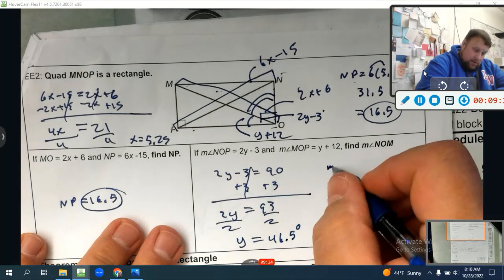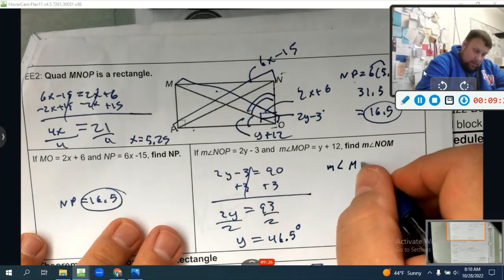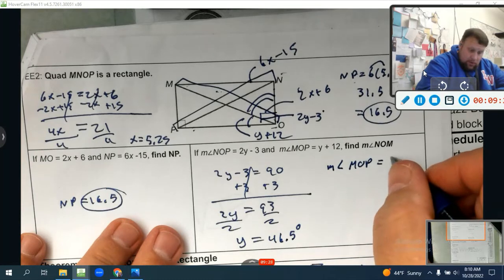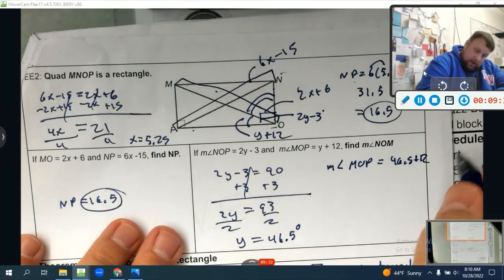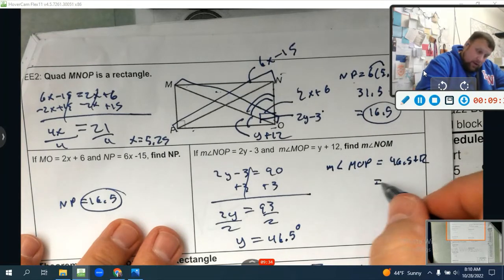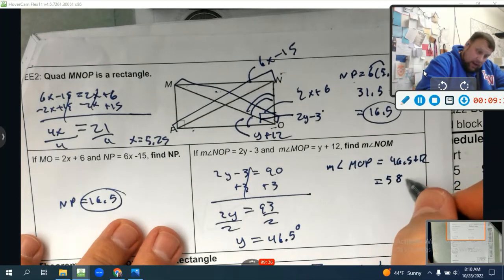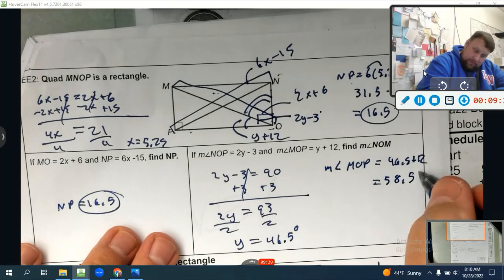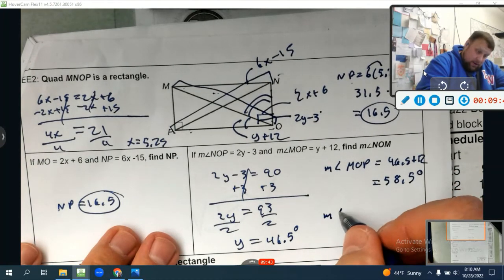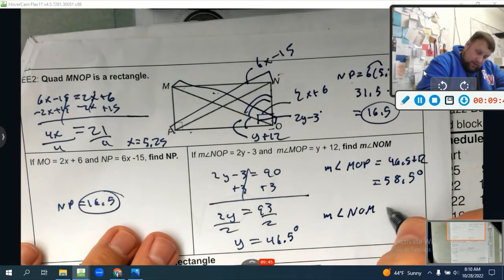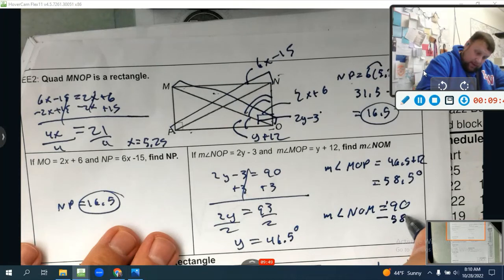So the measure of angle MOP is equal to 46.5 plus 12, right? And 46.5 plus 12 is going to be 58.5 degrees. That means to find the measure of angle NOM is just going to be 90 minus 58.5.